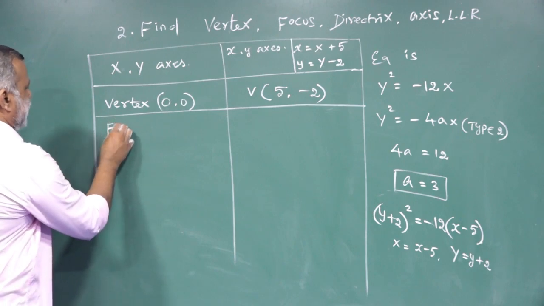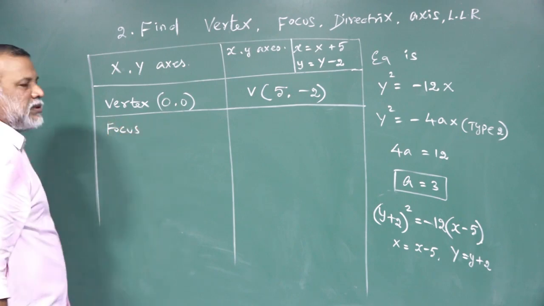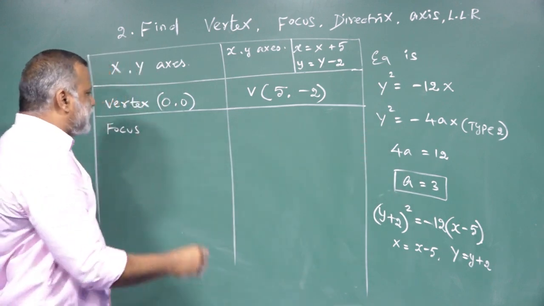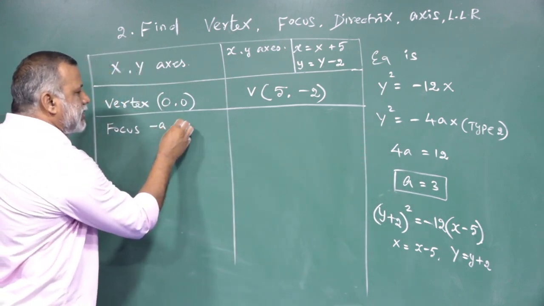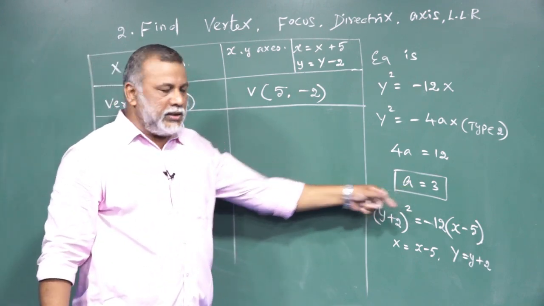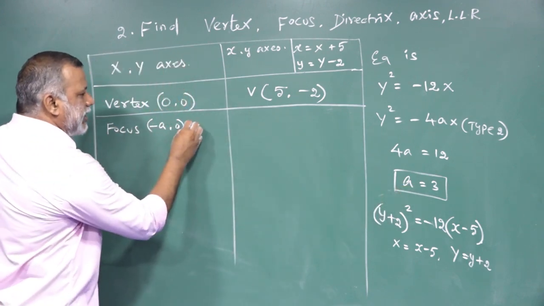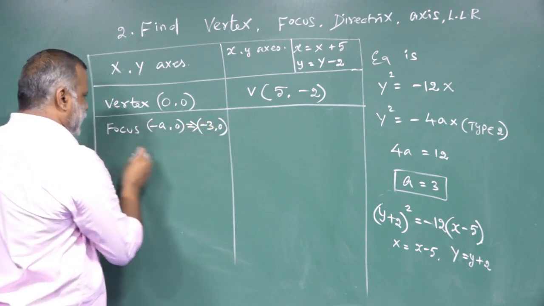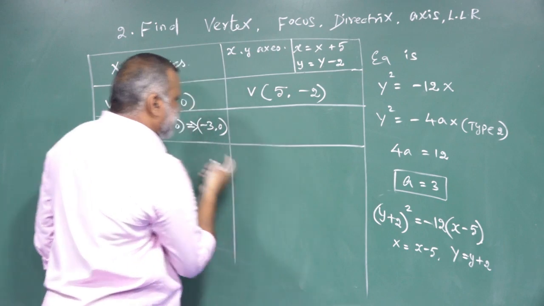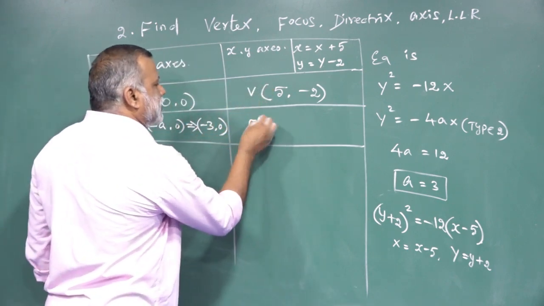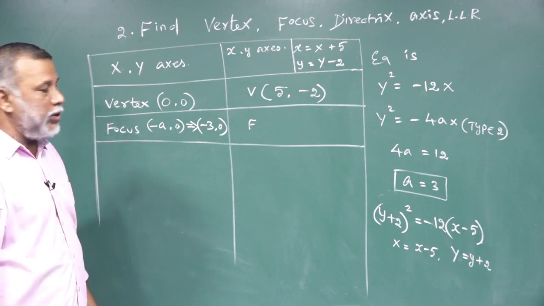Now the second result is, we need to find the focus. What is the focus for type number 2? Type number 2 focus is, already you know the formula, minus a, 0. See, a is 3. Substitute here, so we get minus 3, 0 as the focus. This belongs to capital X, capital Y axis. Now I have to convert this focus into small x and small y.